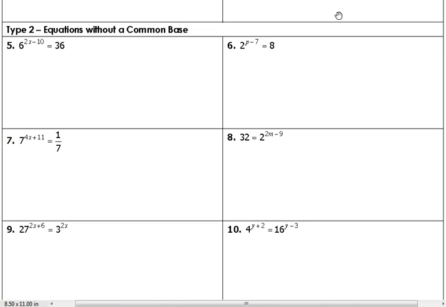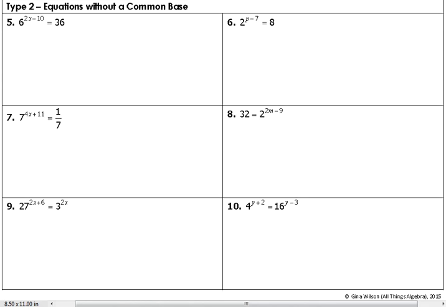Now, what happens if they don't have the same base? Equations without a common base. Well, we're just going to deal with ones that, even though they don't have the same base right now, can be written so that they have the same base. On equation number 5, we've got 6 to the 2x minus 10 is equal to 36.